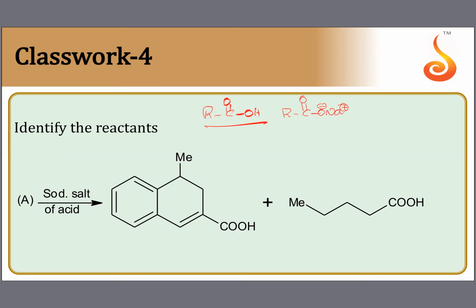Sodium salt of carboxylic acid is used for the treatment of A, that gives the product. This one and this one. So what might be the reaction? Intramolecular Perkin reaction.